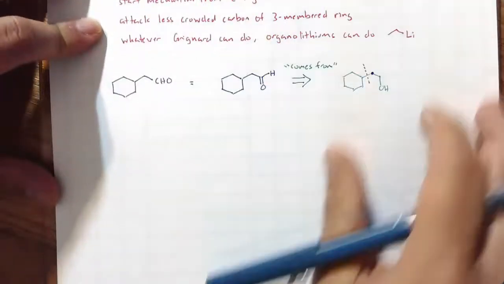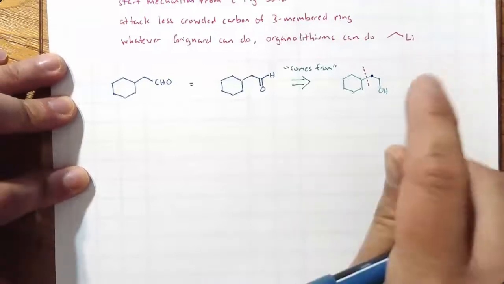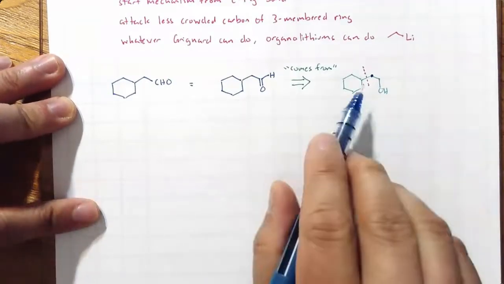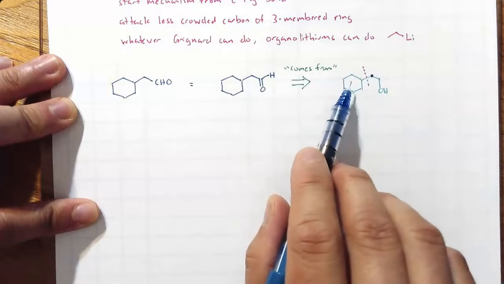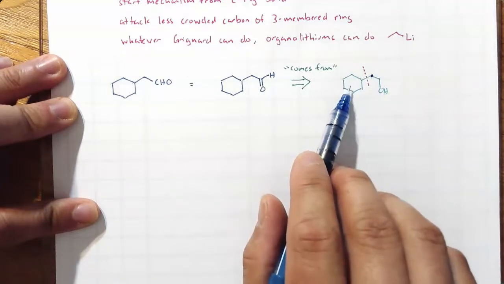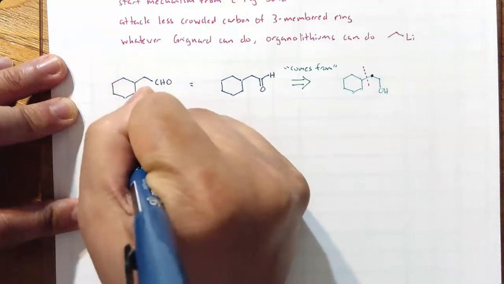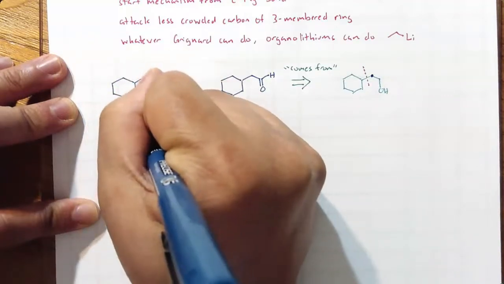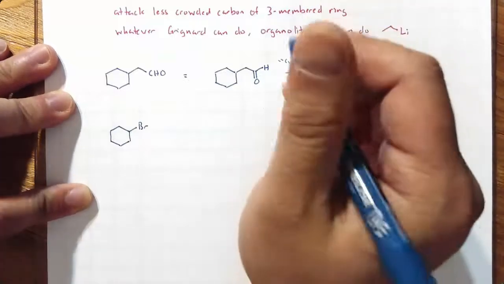So we have to start with alkyl halide and make the Grignard reagent. Well, if that's the bond I think I'm making, and that's the dot I think I'm attacking, my Grignard has to have these 6 carbons. And the Grignard came from an alkyl halide, for instance, this bromocyclohexane.